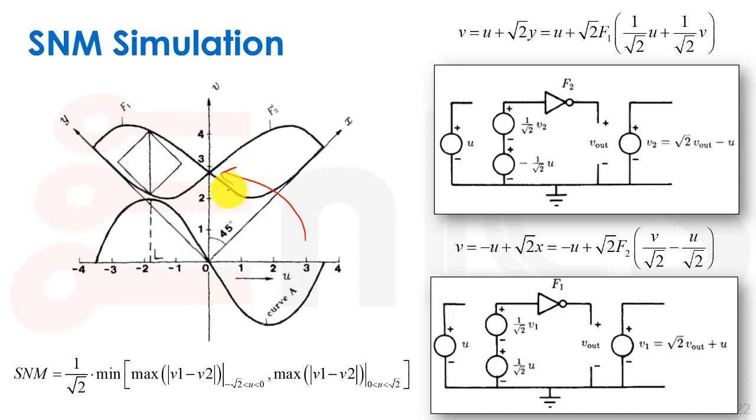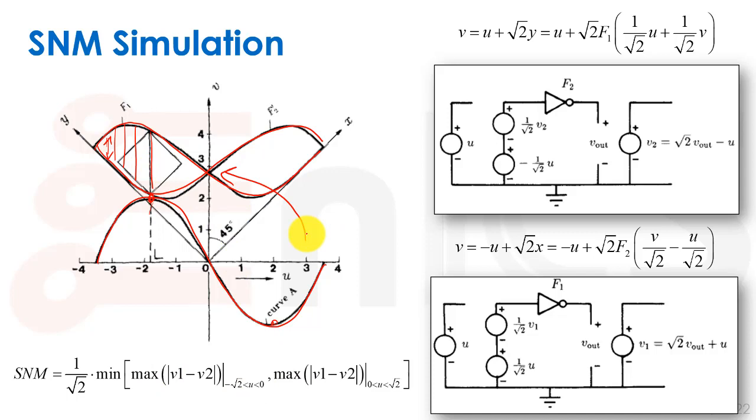Doing that, we can take the feed forward inverter and the feedback inverter and just subtract them from each other, and we will get the sizes of all of these diagonals that fit into the lobes of the butterfly curve. We get this nice thing over here, and we can choose what the maximum is very easily. So the SNM is the minimum of the maximum sides of the curve.